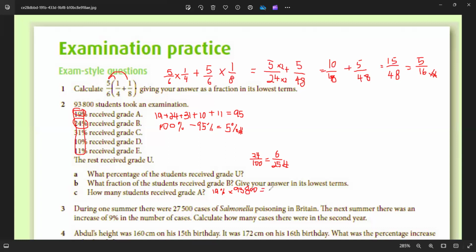And we'll get 17,822. And this is the answer.